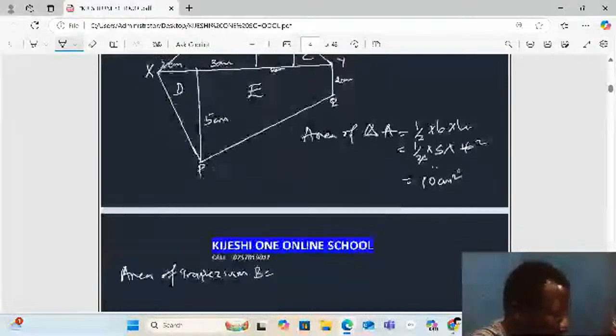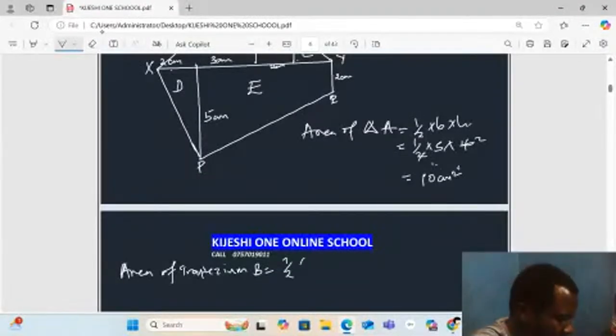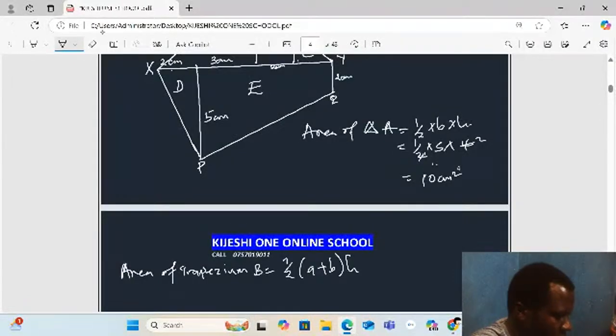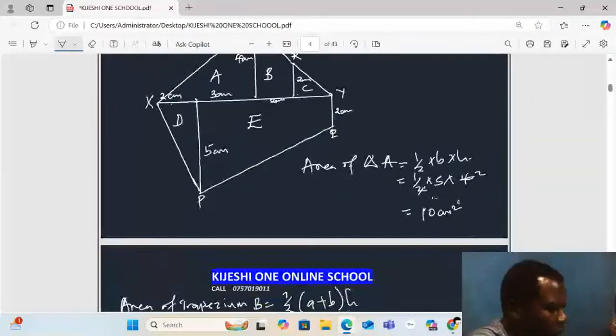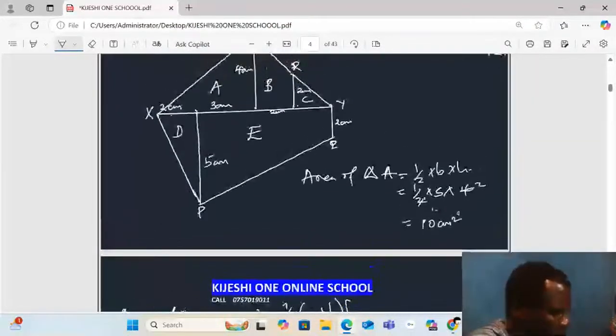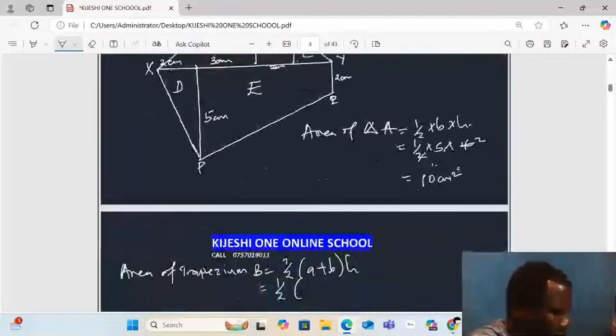Area of trapezium B will be half into A plus B, times height. We shall have our A 2 and B 4, then height 2.